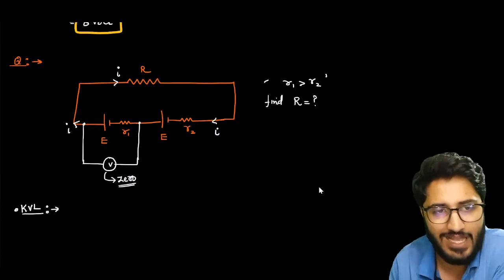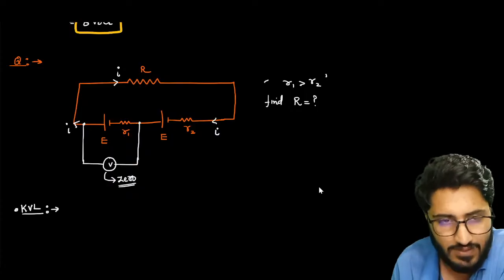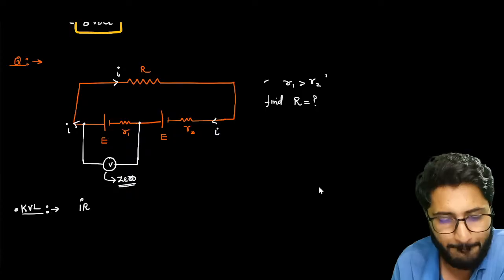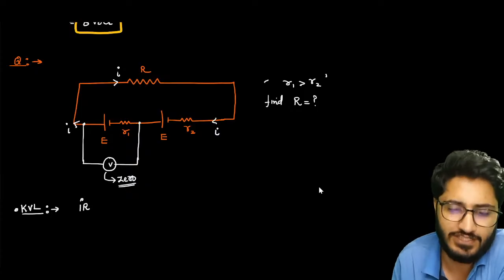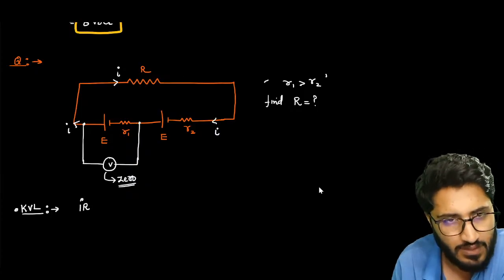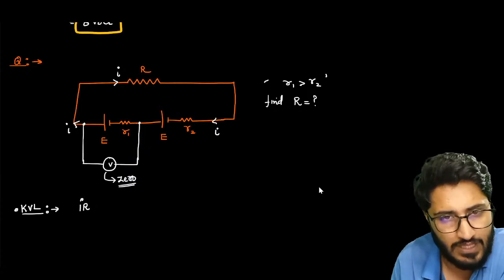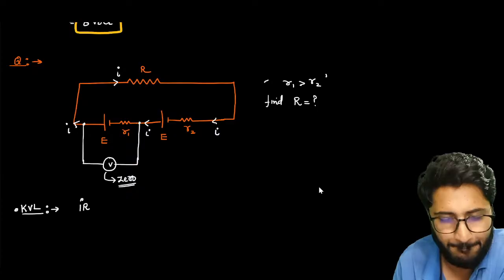Now what happened here? KVL. So I will write IR. I is I, R is R. Done. Then potential difference, it would be positive IR. Then I current is flowing like this, right?